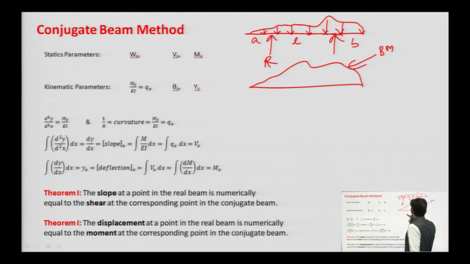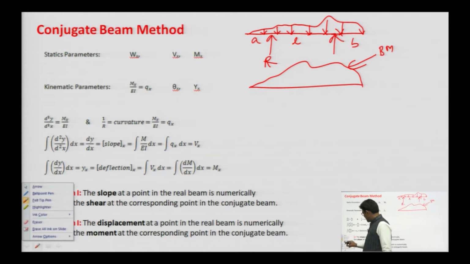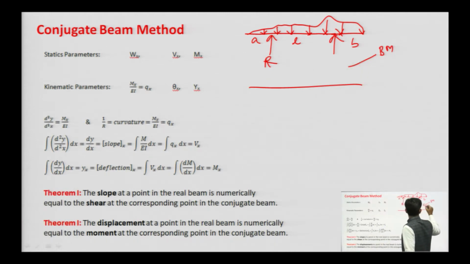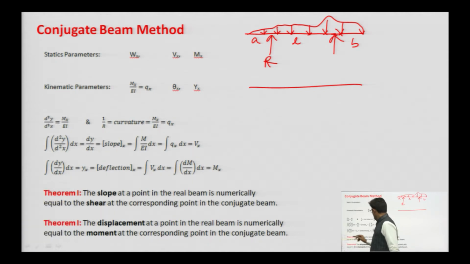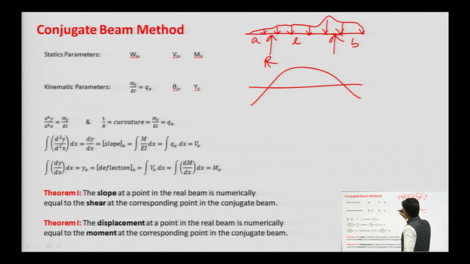If we have taken an overhanging beam, then its diagram will be this type of shape. This is the BMD.